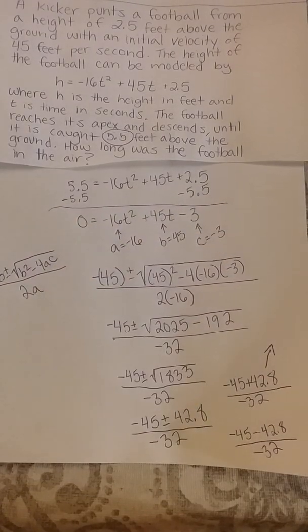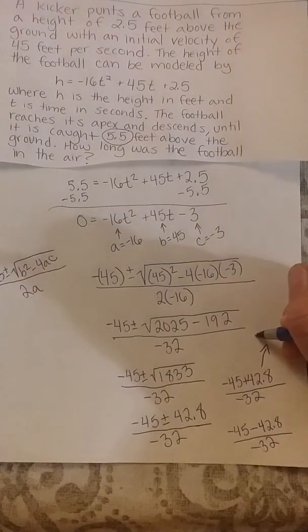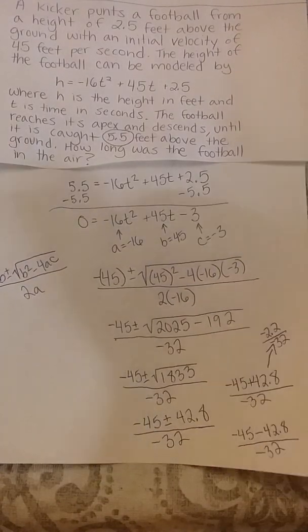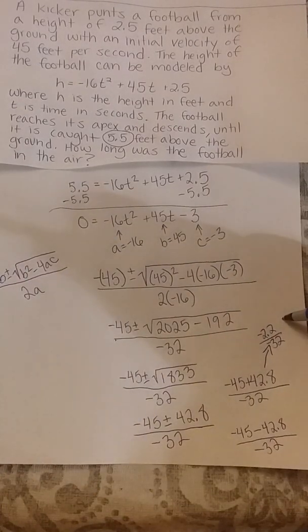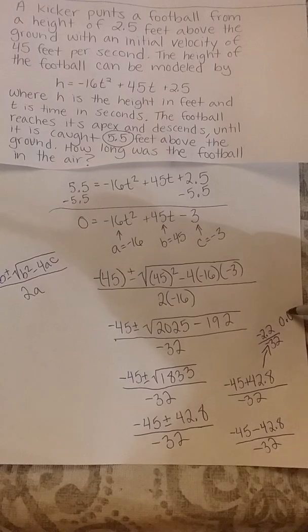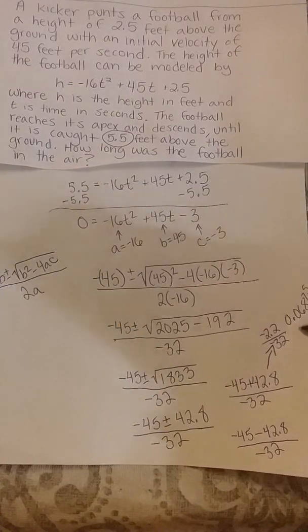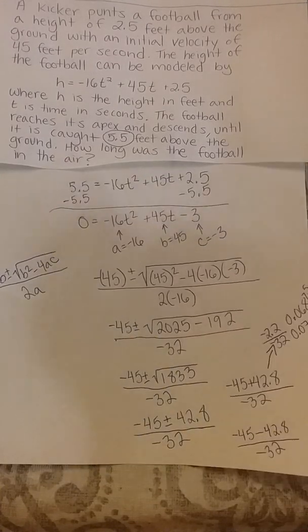When you do negative 45 plus 42.8, you get negative 2.2. So this is negative 2.2 over negative 32. And that simplifies to 0.06875. I'm going to round to the hundredths. So to the hundredths, this is about 0.07.